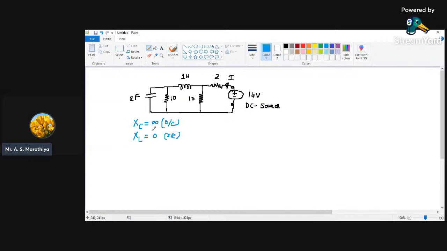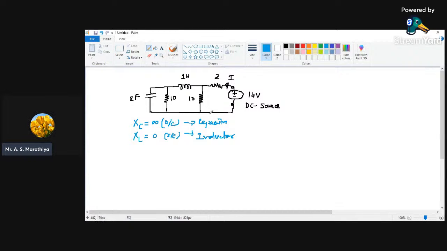So whenever we are dealing with a DC network, and in that if we have a frequency dependent component like inductor, capacitor, wherever we have capacitor we need to open circuit them, and wherever we have inductor we need to short circuit them.